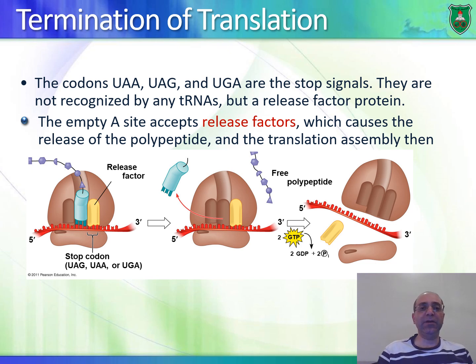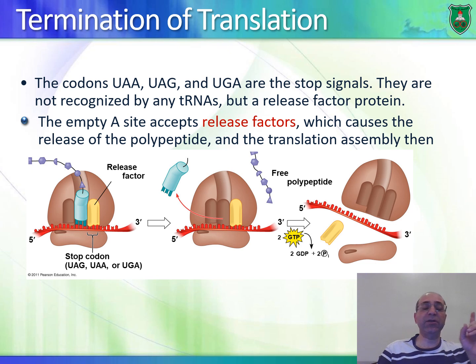Now, termination, remember I said that there are three codons that specify termination, and these are UAA, UAG, and UGA. These are the stop codons. Do not get them confused with the poly A signal, the termination signal for transcription. Here we are talking about translation.